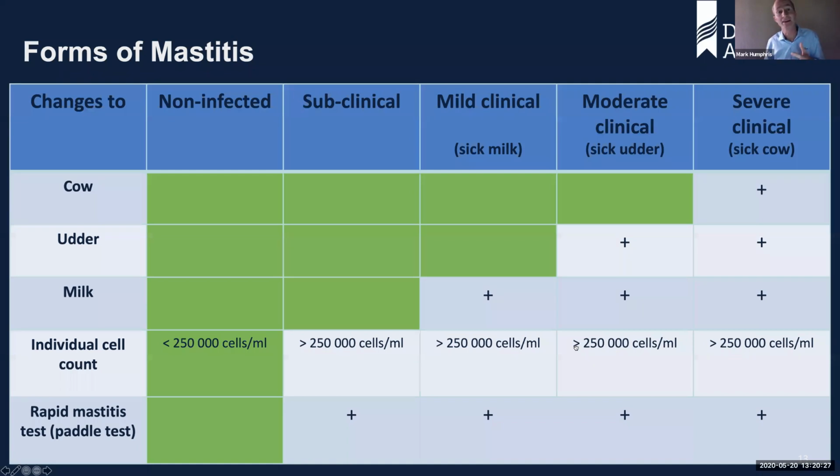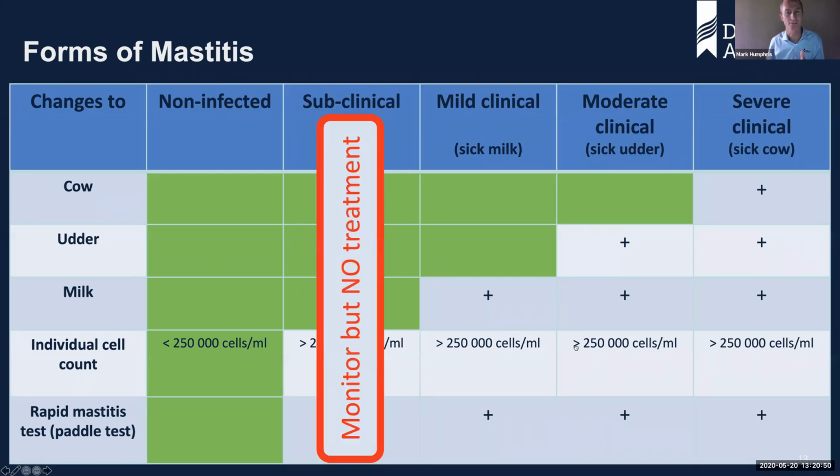So then adding the subclinical to our overall forms of mastitis, where that cell count is greater than 250,000, or it's a gluggy sort of reaction on a rapid mastitis test, we can put that into our same table here, but really be mindful that that's an indication that the cow needs to be monitored and certainly not treated.